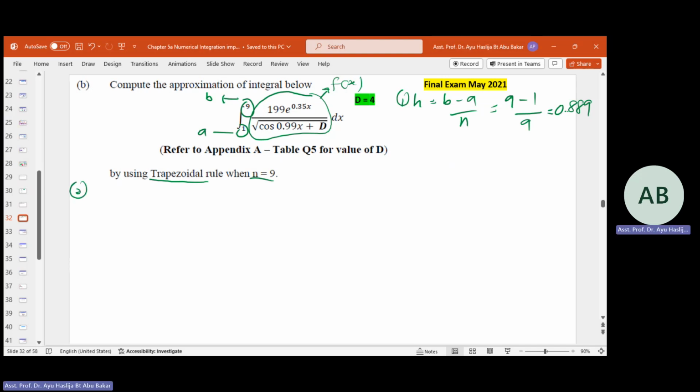Arrange the data. Find the x and f(x). We have 9 segments. So how many points should you have? 10, correct. So you have a lot of data over here.